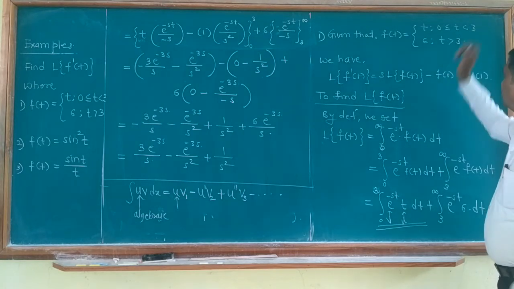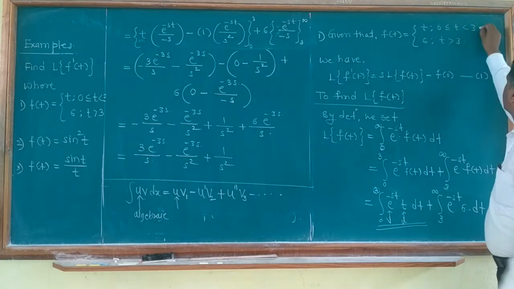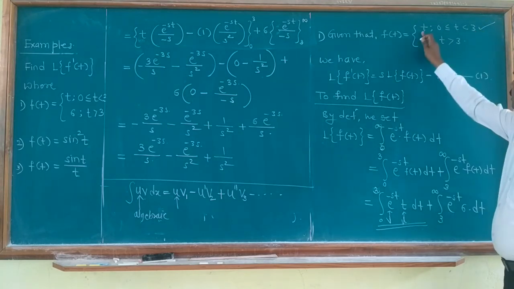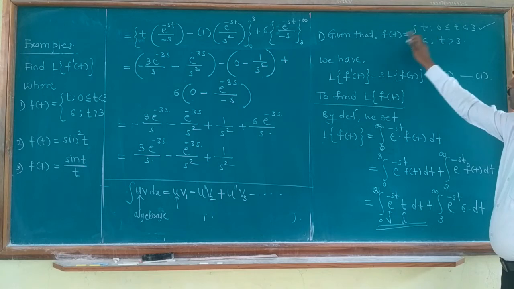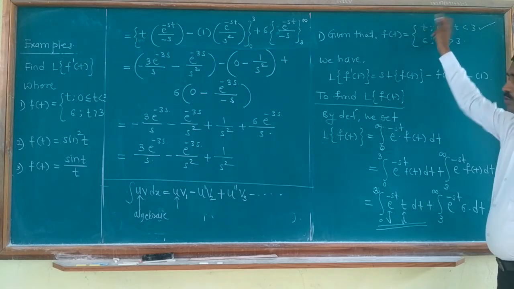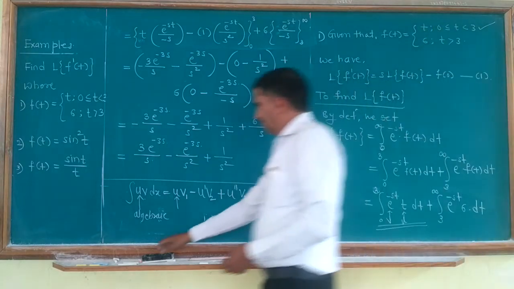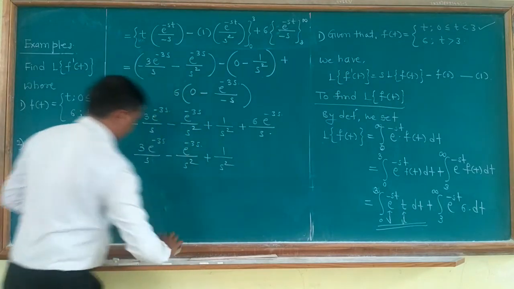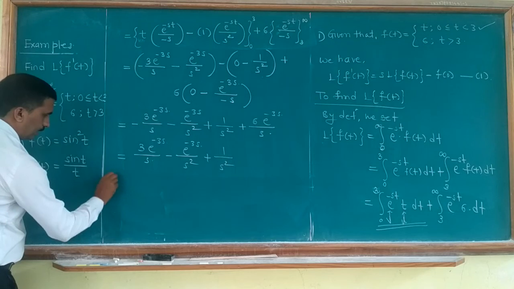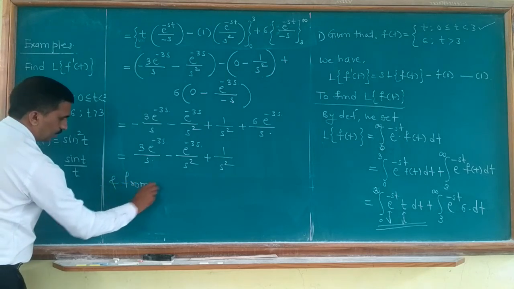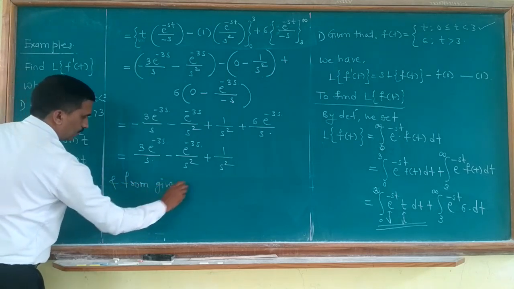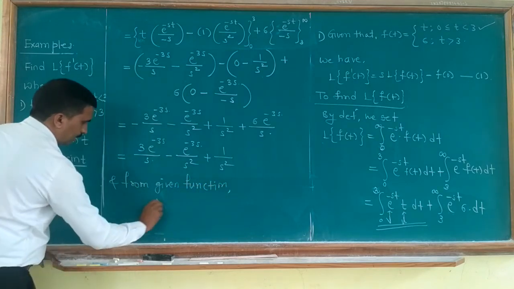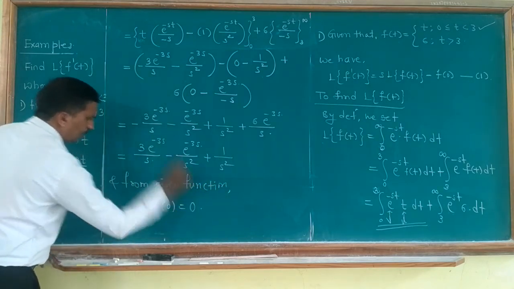From the given function, this is the interval which contains the value 0, and you put 0 in the corresponding value of the function. So f of 0 will be 0. From the given function, f of 0 is equal to 0.